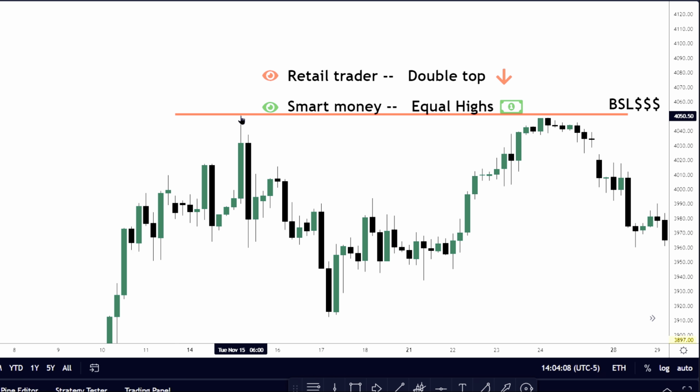So what's happened here? The price comes up, creates a high. This is a 4-hour chart. It gets rejected, then puts in 3 pushes down, then comes up, almost takes it out, but just leaves it there. Why would they leave it there?